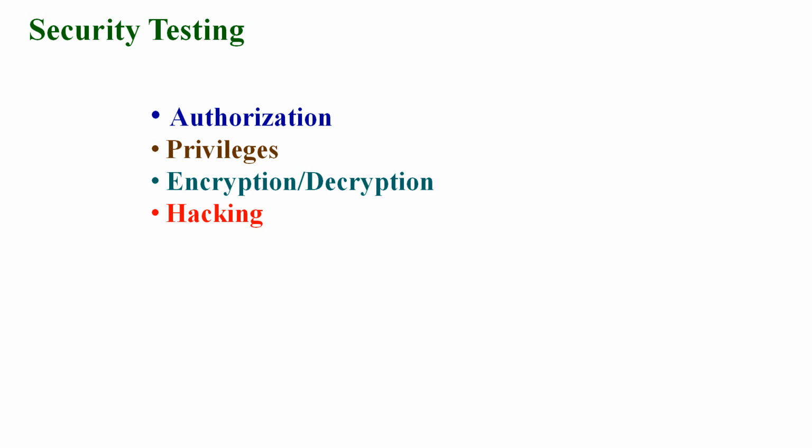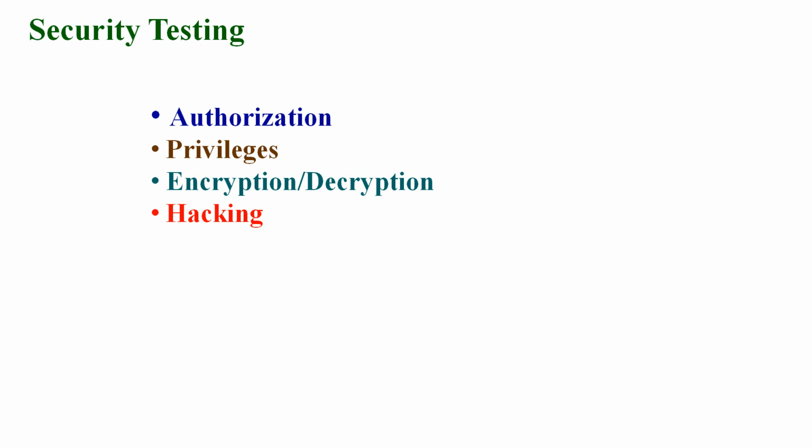And who are said to be unauthorized users? Those who are not registered. That means you just give random user ID and password, junk values, and try. Are you able to log into this application or not? This is authorization testing.